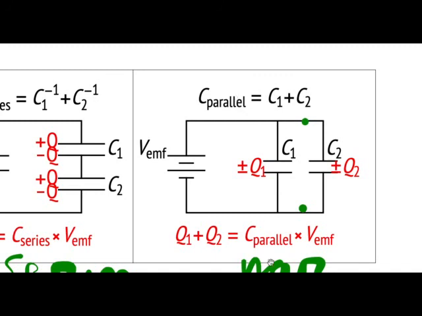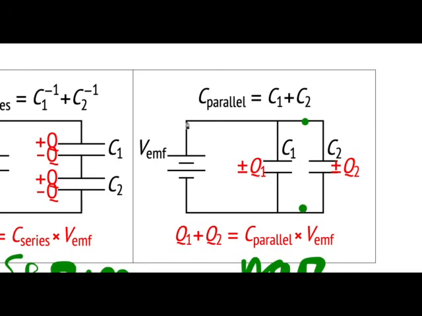Now, on the other hand, for parallel plates, the first capacitance will have charge plus or minus Q1. And the second capacitance will have charge plus or minus Q2. And Q1 and Q2 will not be equal.